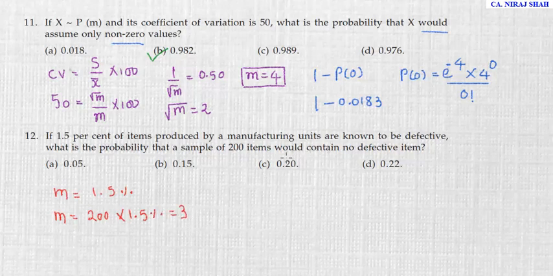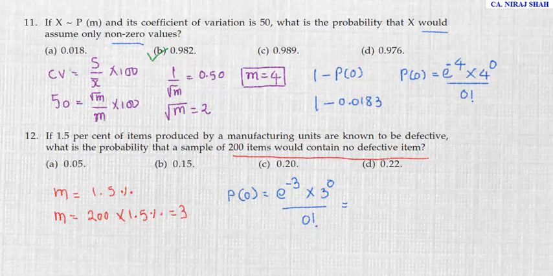Now a sample of 200 items containing no defective item is our question here. So we need to find out P0. So P0 is e raised to minus 3 into 3 raised to 0 divided by 0 factorial.